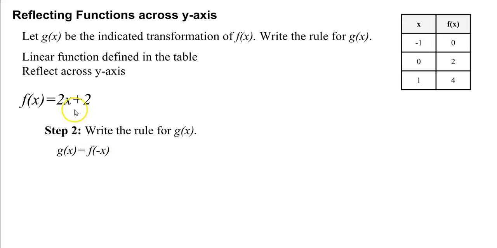So I'm going to put just the x part of my original equation in here to be multiplied by negative 1. And by doing that, I get negative 2x plus 2, because once again, just the x-coordinate is being multiplied by negative 1.